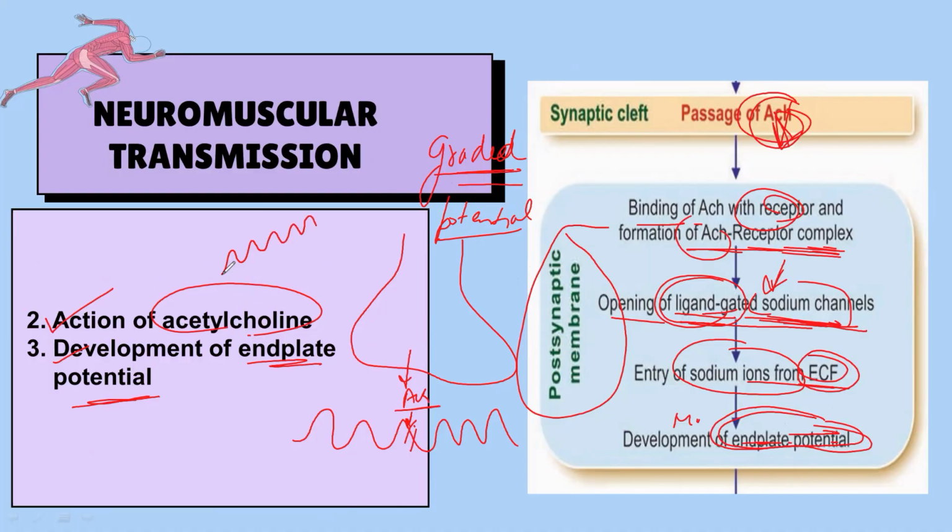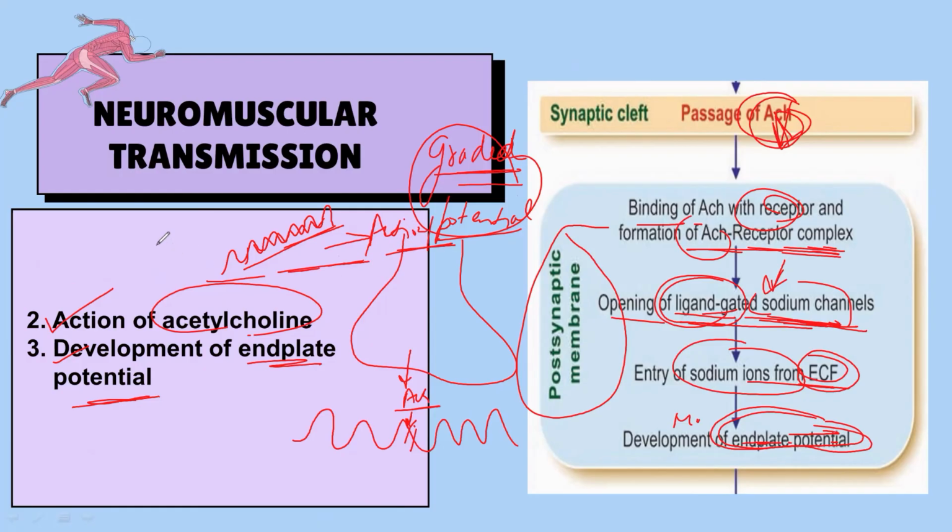When the intensity of the stimulus is increased, the response also increases. It is called graded potential. This graded potential is responsible for the generation of a full-fledged action potential.